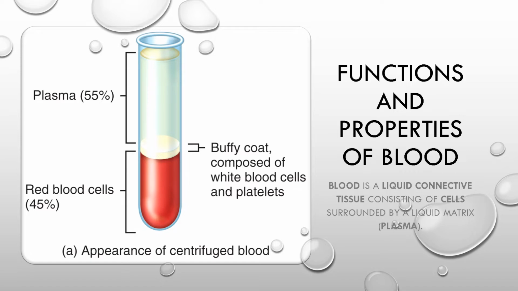Now, blood is a liquid connective tissue that consists of cells surrounded by a liquid extracellular matrix. Now, the extracellular matrix is called blood plasma, and it suspends various cells and cell fragments.